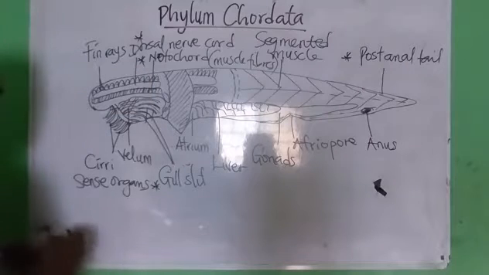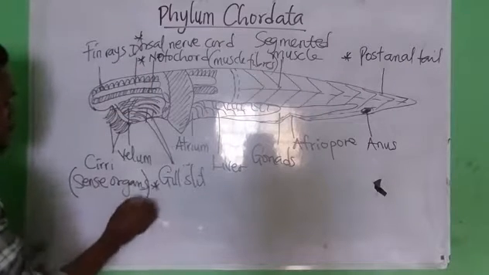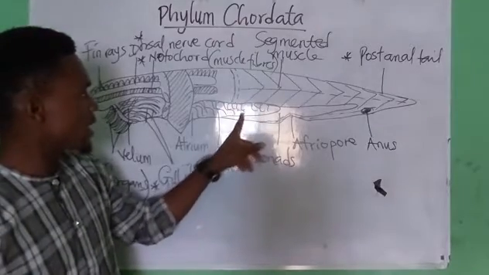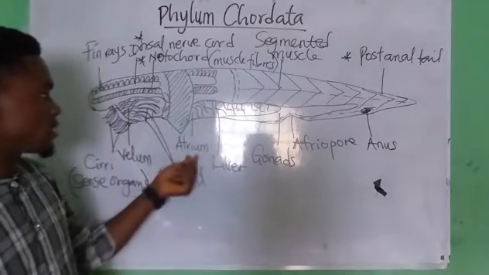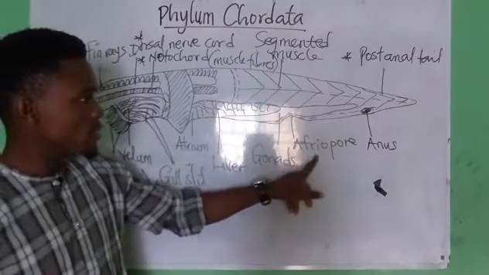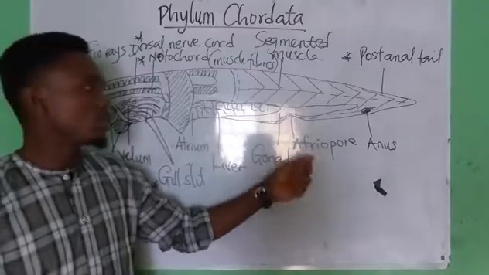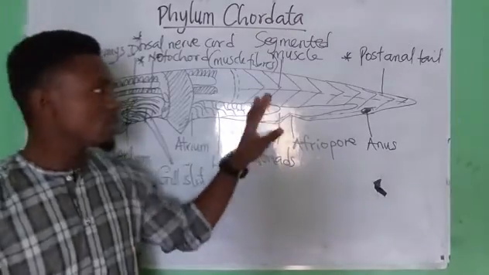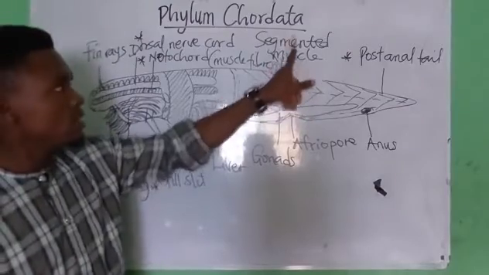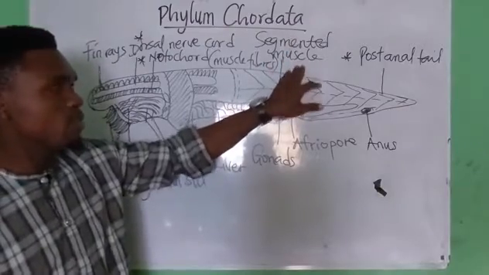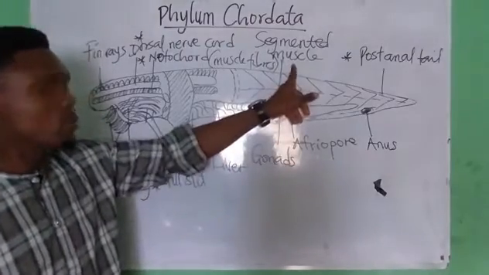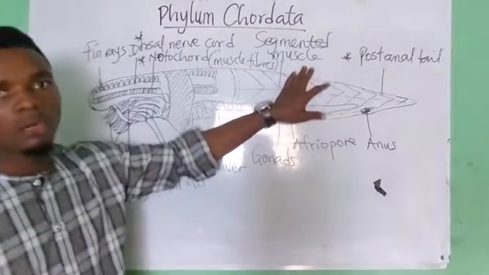I told you that the sense organs are found in this region, and the gonads are directly connected to the atrium.